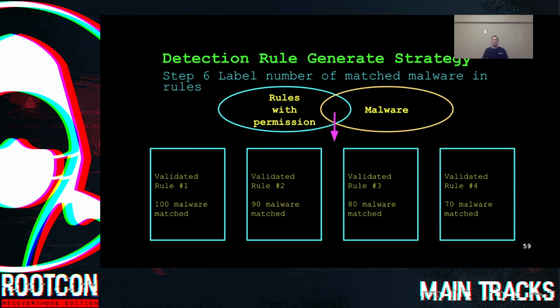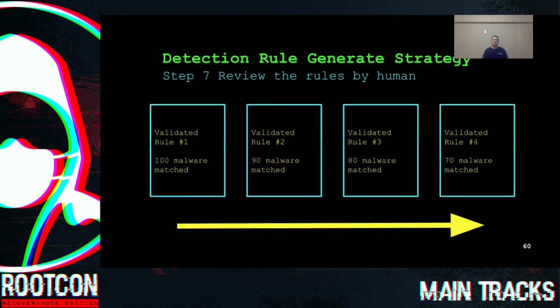For example, the behavior of rule number 1 can be found in 100 malware. In step 7, after labeling the rules, we then sort the rules by number of matched malware. We will review the rules from the highest matched one.